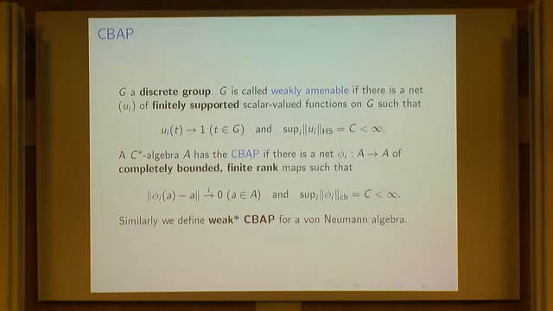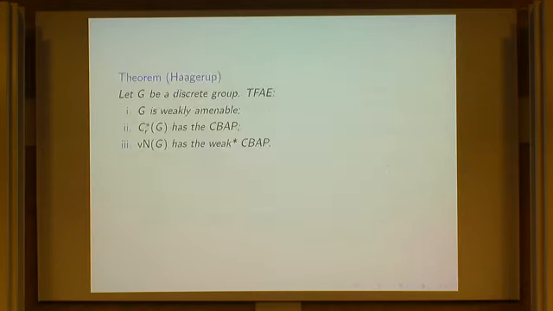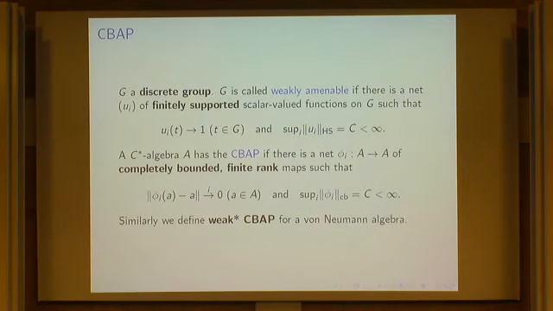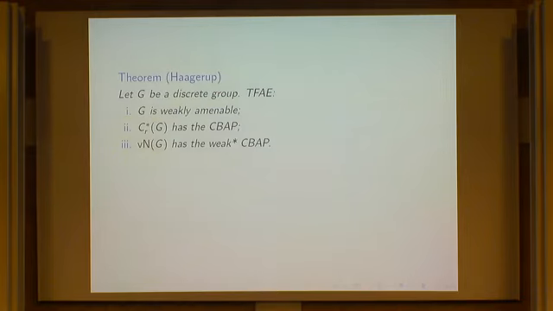This is one of the approximation properties that was studied in the category of operator algebras. It has a counterpart for von Neumann algebras, where your maps will be normal maps in addition to that. Convergence will be weak star convergence.